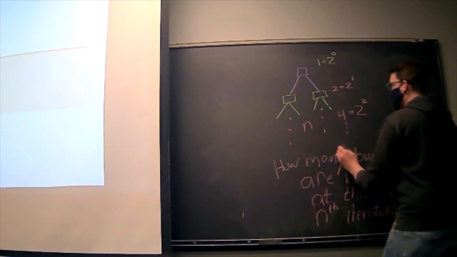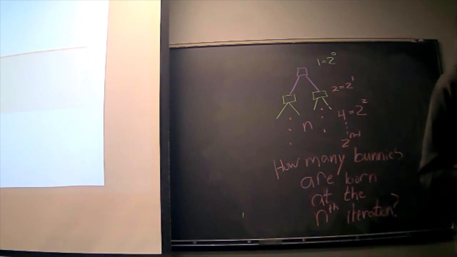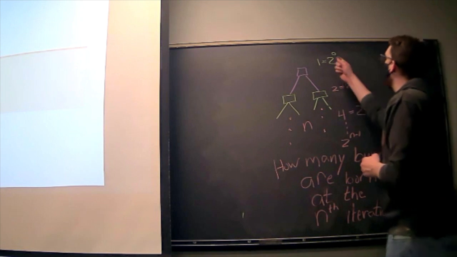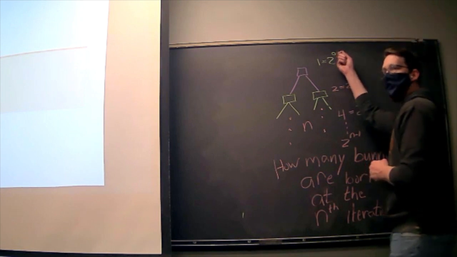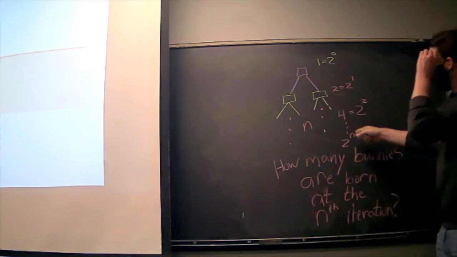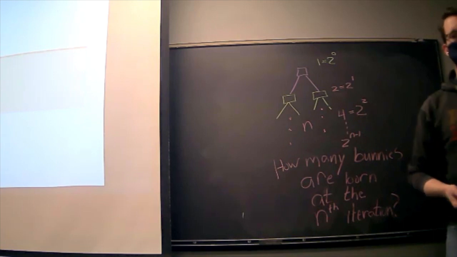And in the nth case, we would have 2 to the n minus 1 bunnies, depending upon how you want to iterate this. If you're starting at 1, then you have this. If you're starting at 0, then it would be just 2 to the n. But that's neither here nor there.